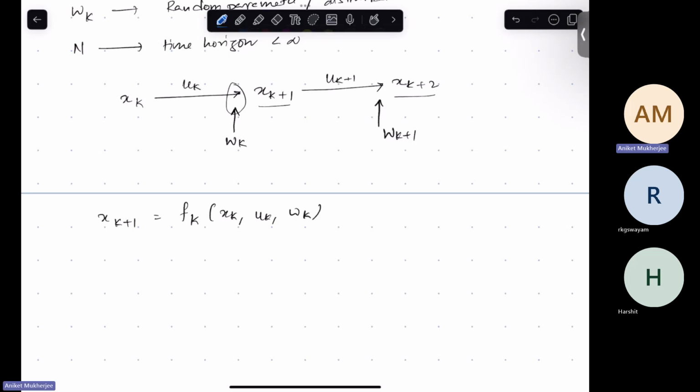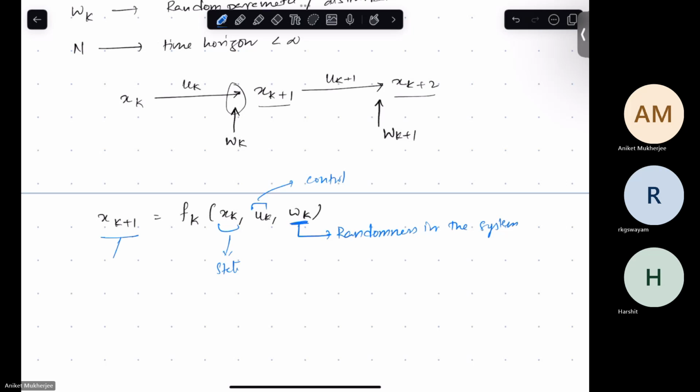And this wk is the randomness in the system. uk is your control variable and xk is your state. Since you have randomness here, what xk plus 1 you will see would also be random.